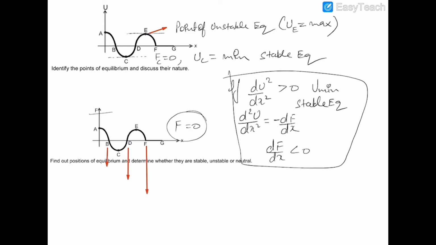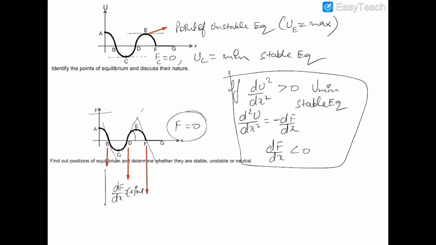So at this point D, the slope df by dx is positive, and at point F and at point B the slope is negative.